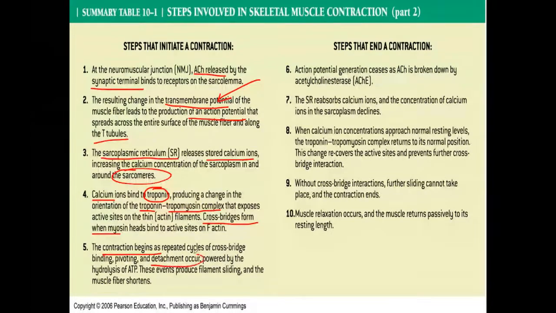The detachment of the myosin head is powered by ATP. So you need energy in order for the myosin head to detach. You don't need the ATP to create the contraction, you need the ATP to release it.